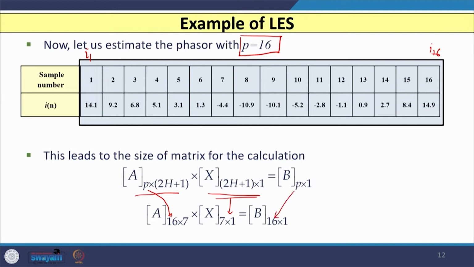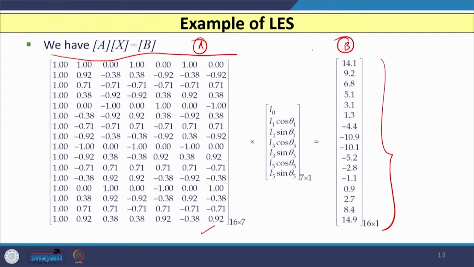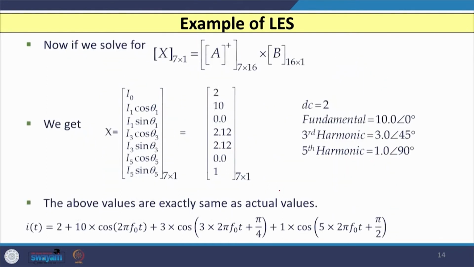Now let us see what is the value of unknown matrix X. When you calculate the matrix A by putting the value of omega 0 and T s, you will have this value of A, you will have the B matrix, that is your sampled values from I 1 to I 16, and then you have the unknown matrix X, which is 7 cross 1.